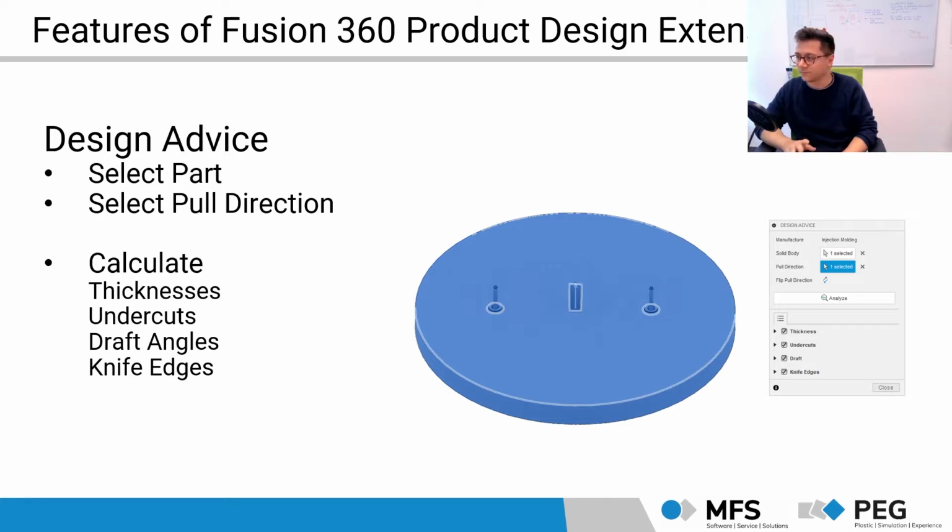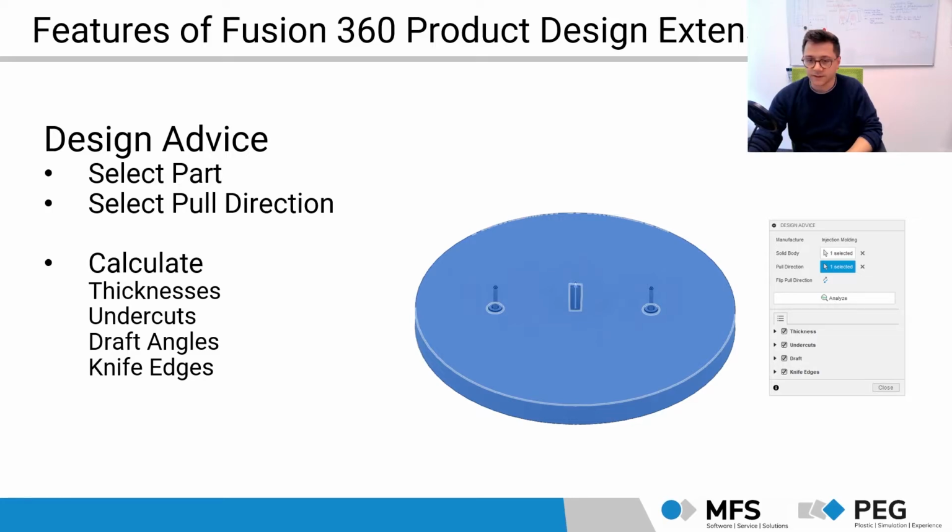What you basically have to do is select the part, and select the pull direction of where your mold is going to come together. And then the software will analyze the part, and it will calculate the thicknesses, undercuts, draft angles, and knife edges of your part.